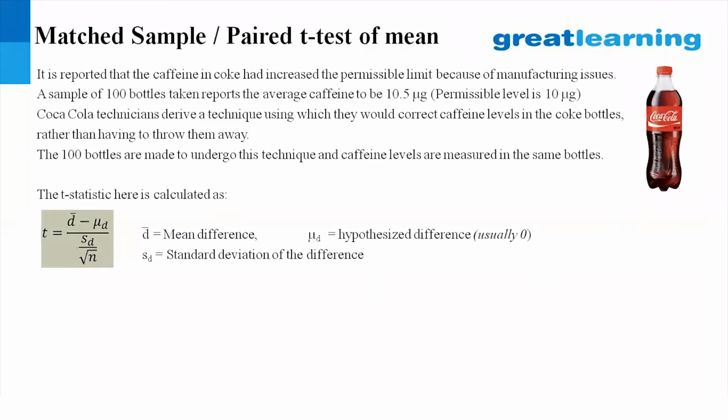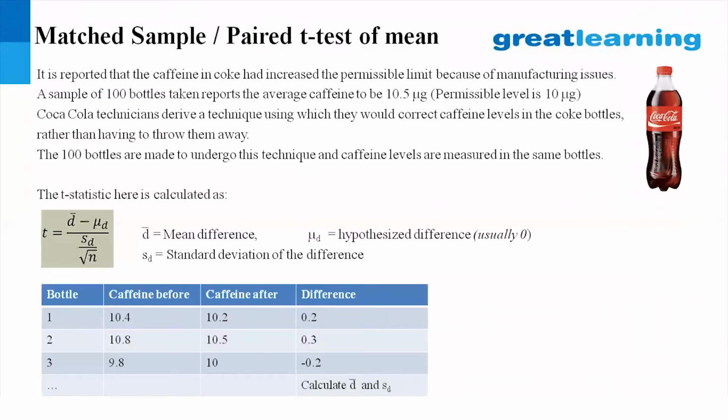So d bar, mu d, and standard deviation. d bar is the mean difference, mu d is the hypothesized difference that you want, and s d is the standard deviation. Let's take this for an example. Say the caffeine levels before were calculated, and for the same bottles, the caffeine levels after were calculated.